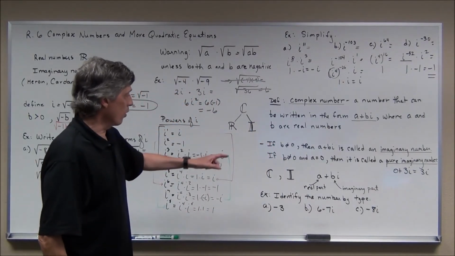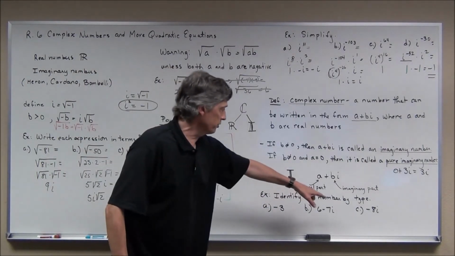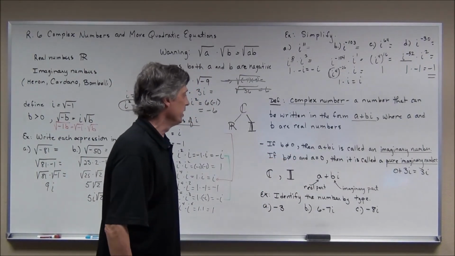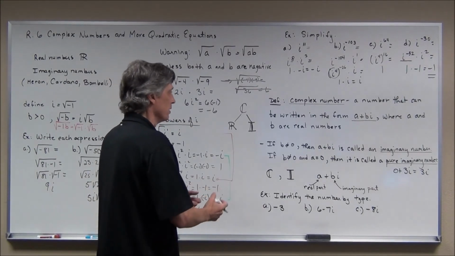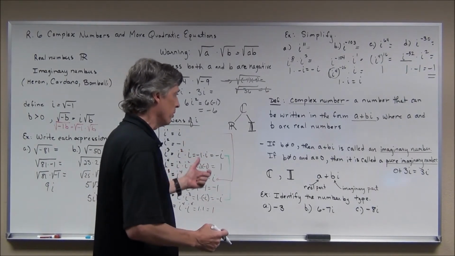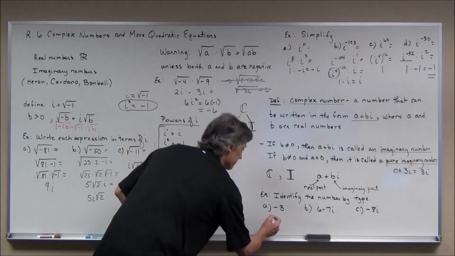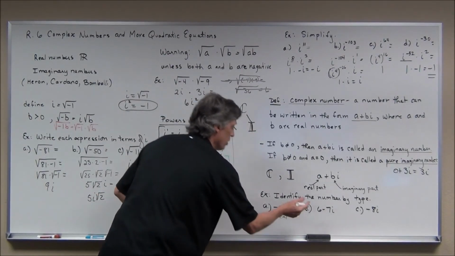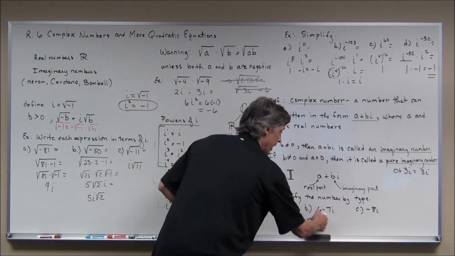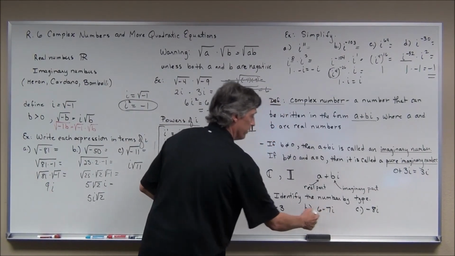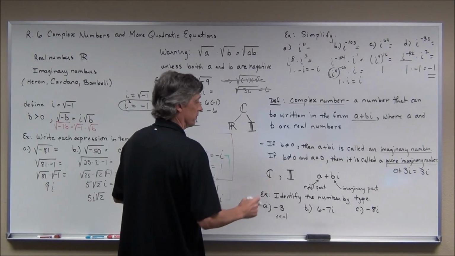All right, now we're going to take these three examples and identify them by the type of number. Is it a real number? Is it an imaginary number? Is it a pure imaginary number? Well, this is a real number. There's no i. It's just negative 3, a real number. This has an i as part of it, negative 7 times the i.